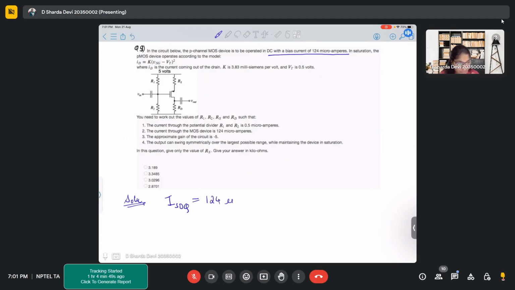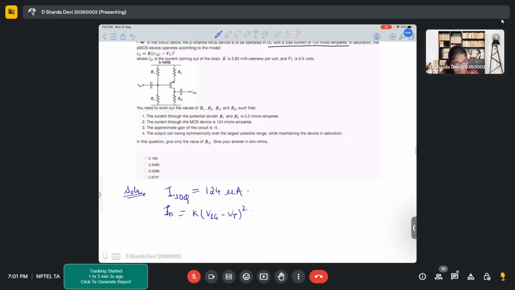So 124 microamperes. It is mentioned that the PMOS is in saturation, and the current equation that it follows is ID = K (VSG minus VT) whole square. K is mentioned to be 3.83 millisiemens per volt. VT is 0.5 volts.